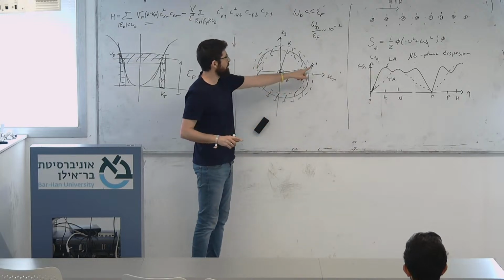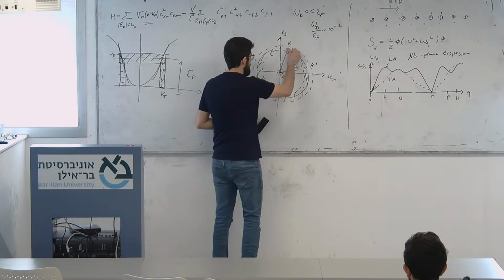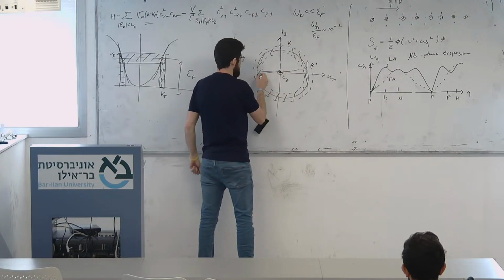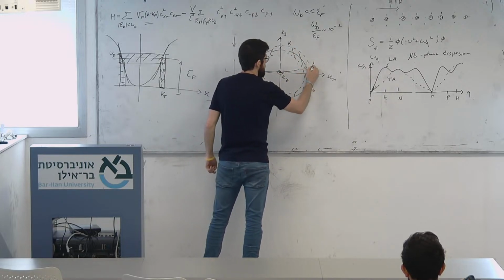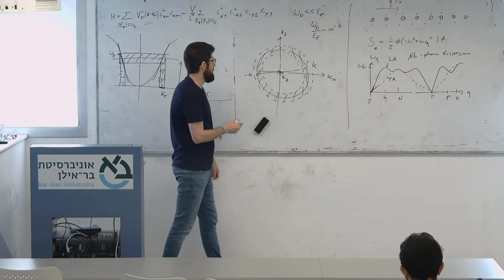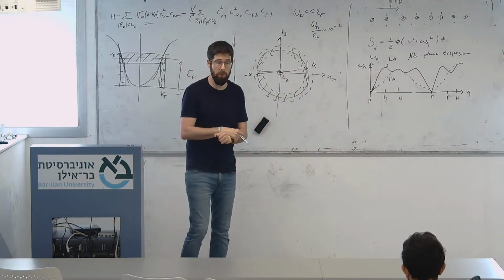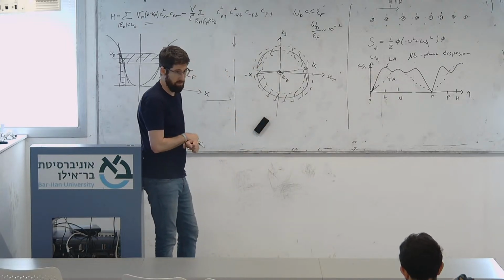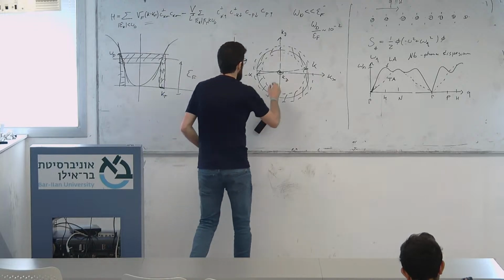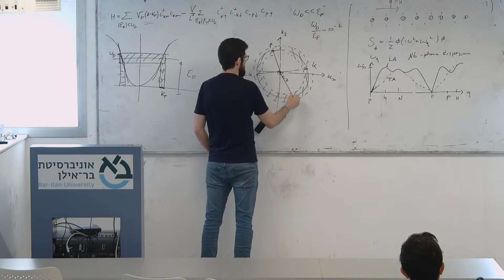But if k prime and k are exactly antipodal, they're opposite. So you have k here and minus k here. Then there is another type of interaction which allows for large exchange, where we scatter this pair to some p and minus p.